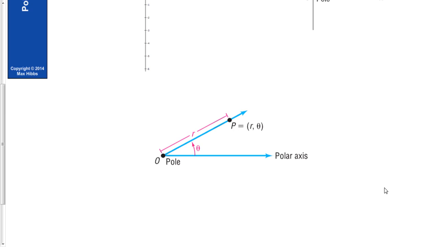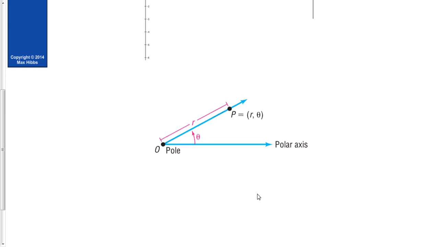We almost read these backwards, because to locate a point in the plane, we measure the distance to that point from the pole, and we call that r, and we measure the angle from the polar axis, the amount theta. The angle measured from the polar axis and the distance from the pole together give us the description of the point in polar coordinates. That's what we call polar coordinates.